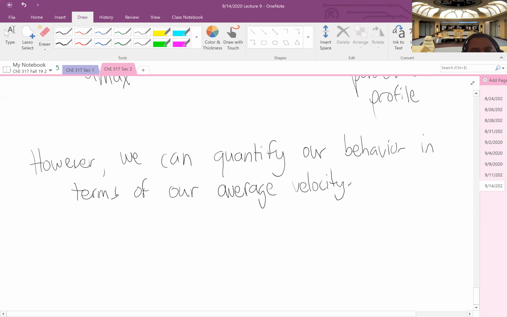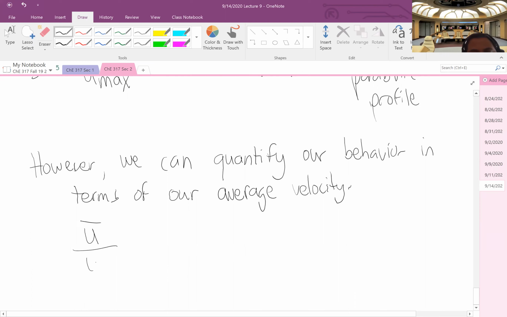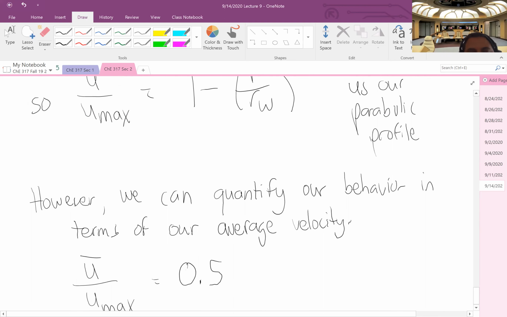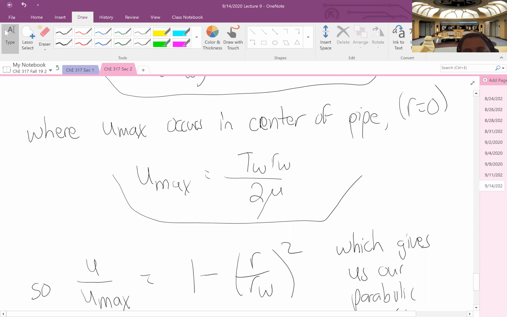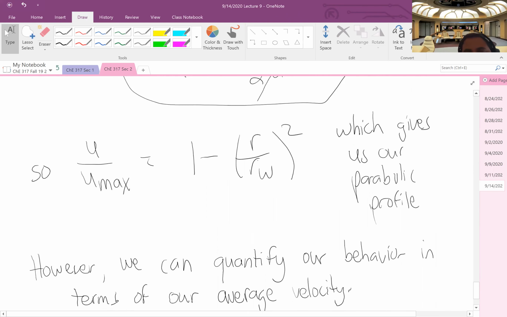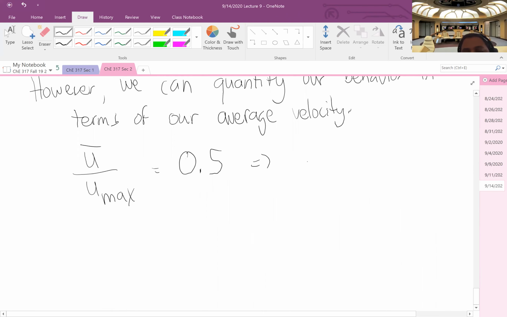And what we find is that the average velocity compared to the maximum velocity is simply 1/2, meaning the average velocity is half of the maximum that we see. So if we look at that maximum velocity, U max as a function of shear stress, that tells us that the average velocity as a function of shear stress is just tau W RW over 4 times viscosity.